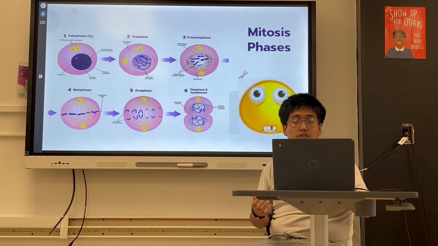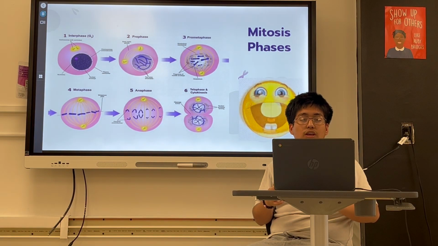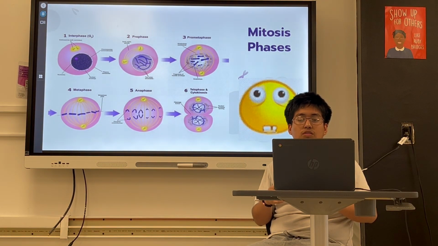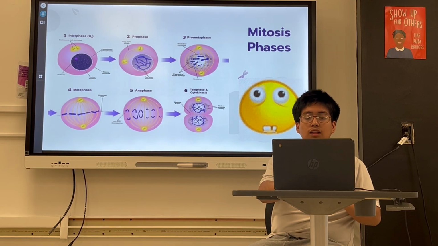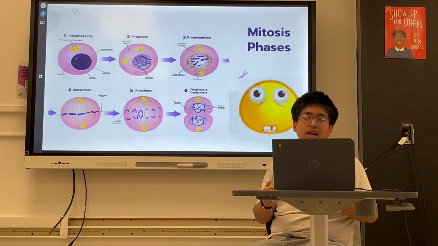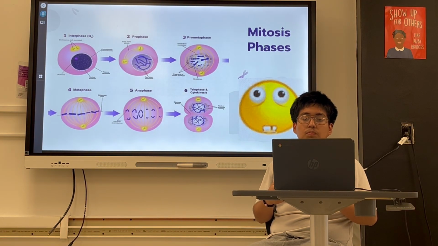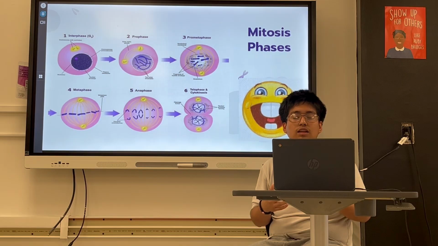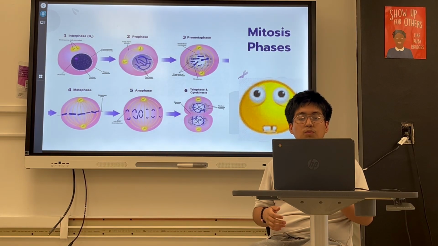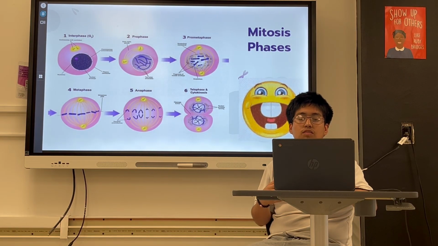Unlike plant cells, where a cell plate forms in the center of the cell and eventually develops into a new cell wall. The end result of this stage, no matter which one it is, will always be two genetically identical diploid daughter cells with the same amount of chromosomes as the original parent cell.